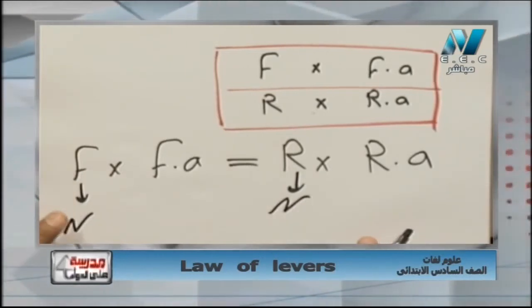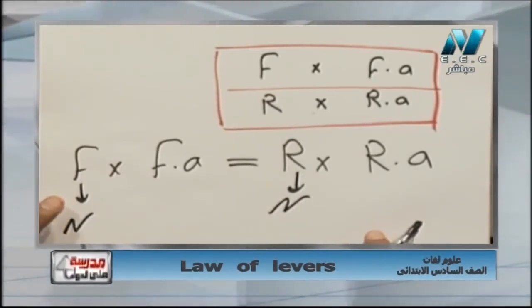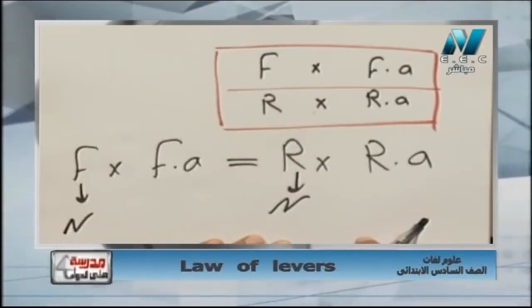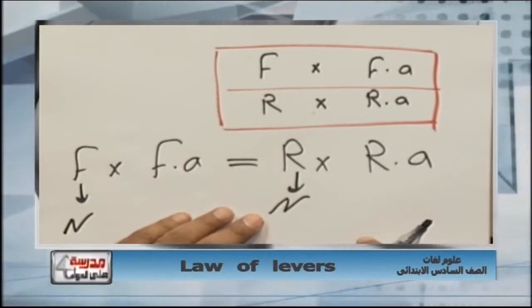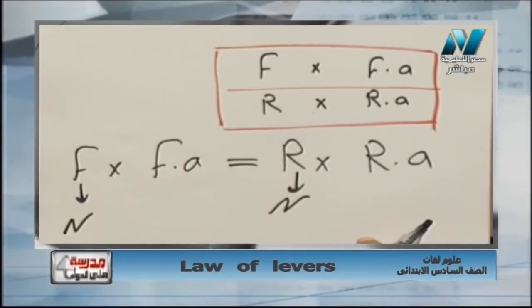Must be in Newton. What if he gave me mass, not force, but just the mass of the object, not resistance? I must convert mass into force. How? Can you remember what we studied in the first term? Weight equals mass times gravity acceleration. Weight equals mass by 10.